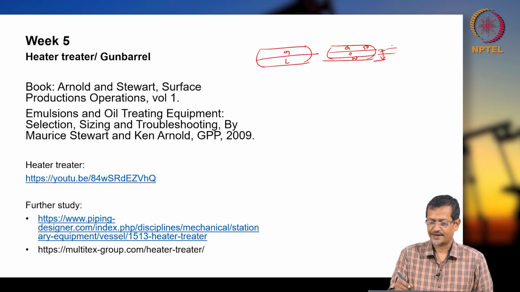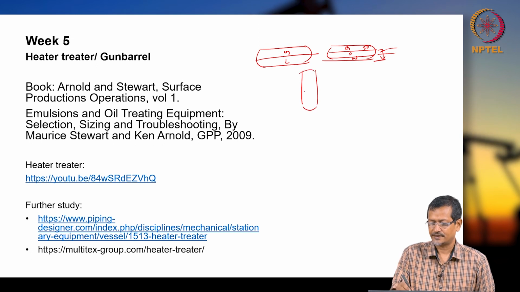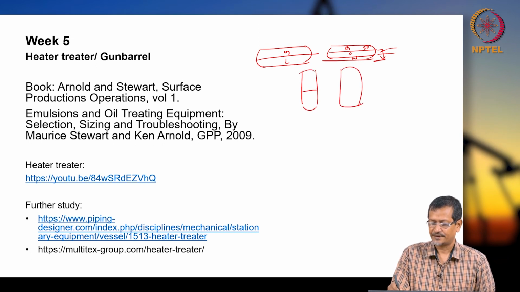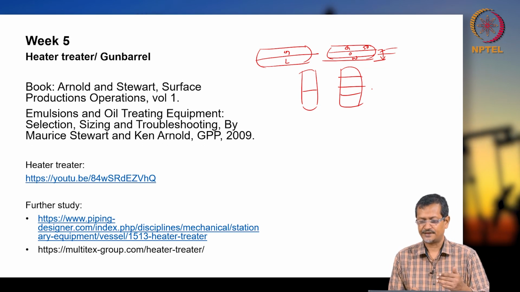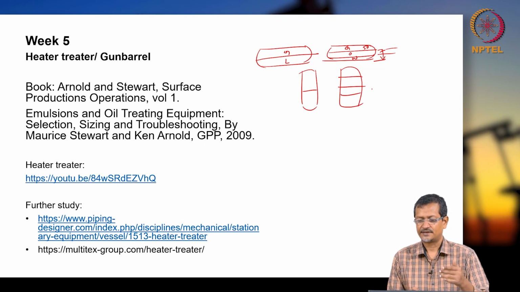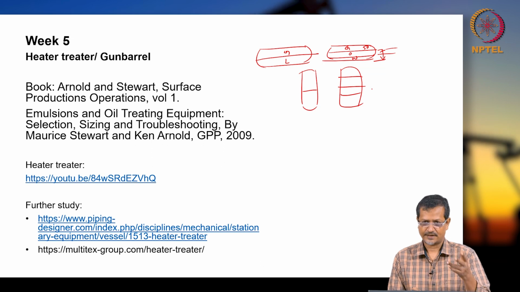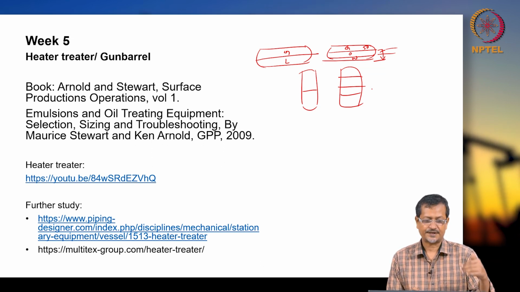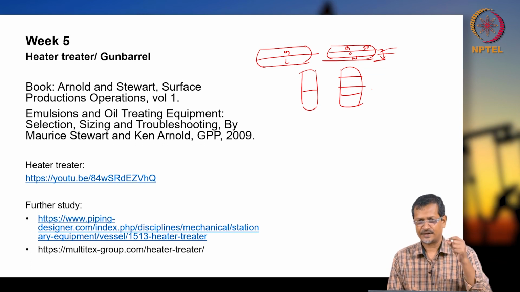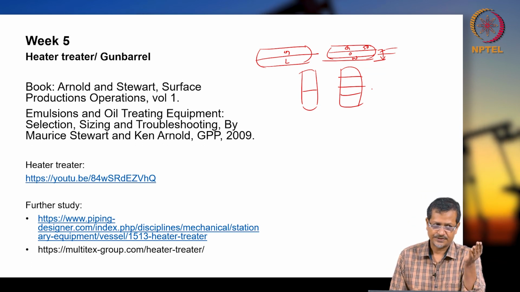And we have seen the vertical separator also in the same way, with 50% fill. In this case we will try to see three-phase separation, how we are getting gas and oil, and how we are separating emulsion using the heating method. Heater treater means you are applying heat to increase temperature.